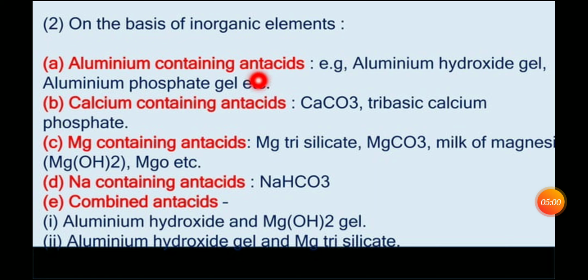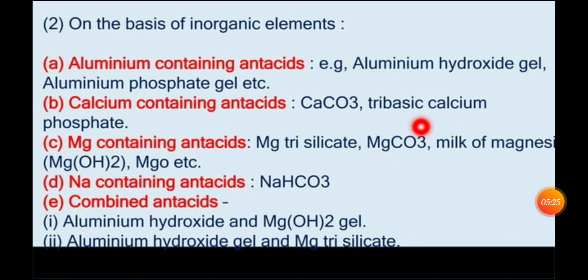Aluminum containing antacid, for example, is aluminum hydroxide gel. What you have to remember is aluminum, calcium, magnesium, and sodium, each followed by containing antacids. A simple way to remember: aluminum, calcium, magnesium, and sodium. Aluminum containing antacid example is aluminum hydroxide gel.